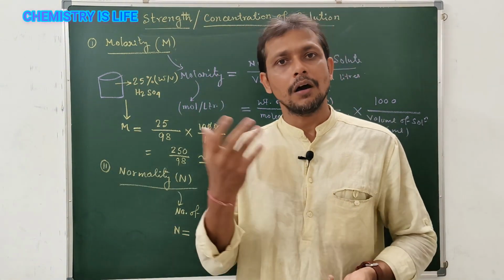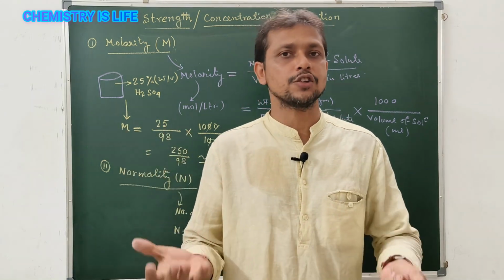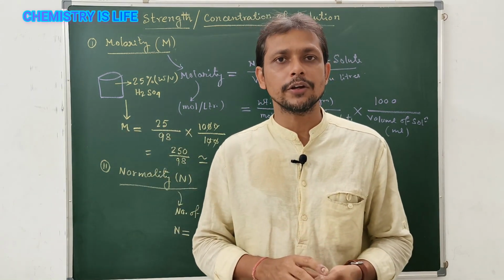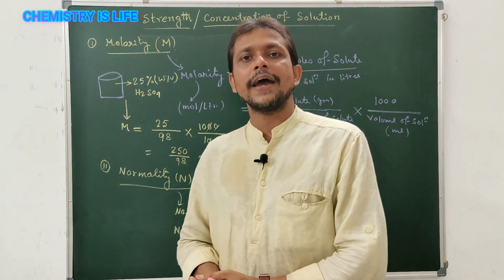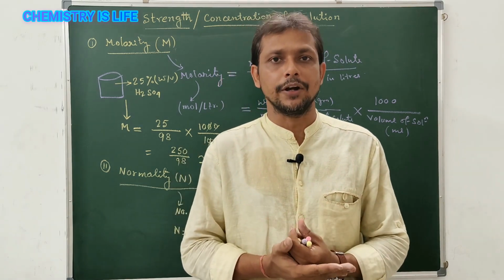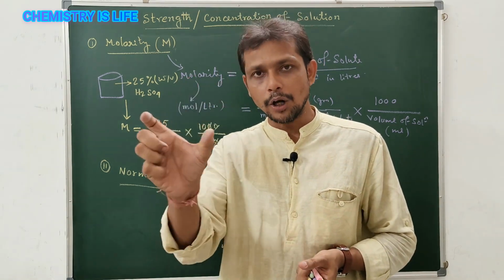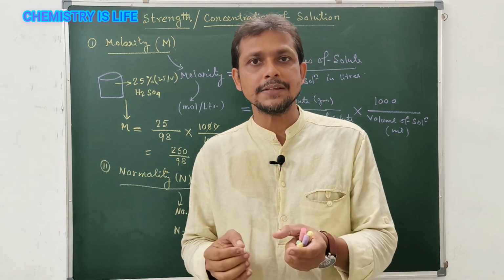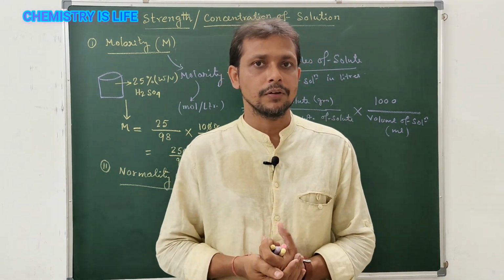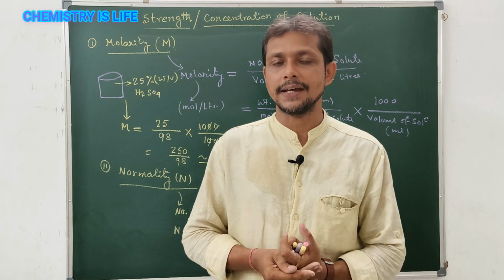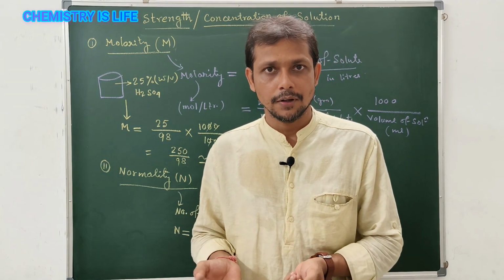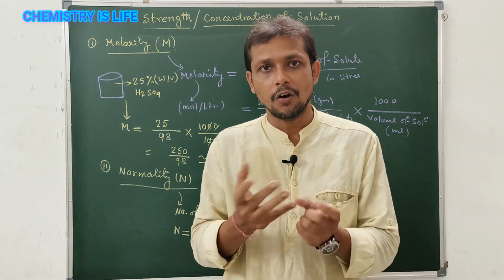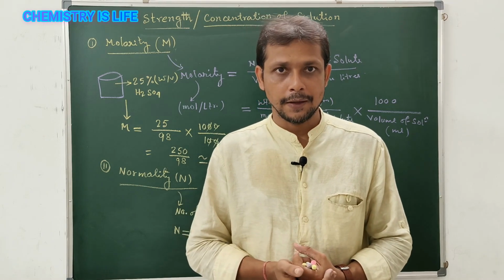Here the solute can be an acid, a base or a salt. So how can equivalent weight be calculated? For an acid, equivalent weight is the molecular weight of the acid divided by its basicity. Basicity means the number of H plus ions given by the acid in its aqueous solution, which is called N factor or valency factor.